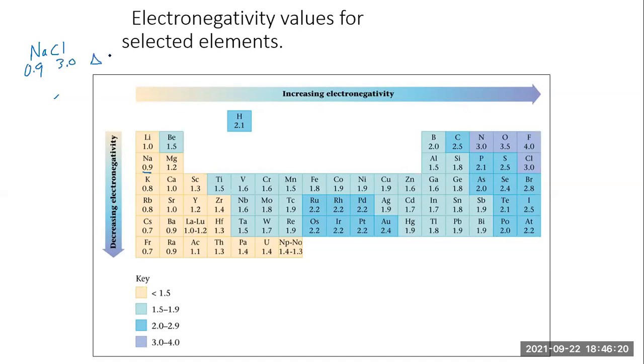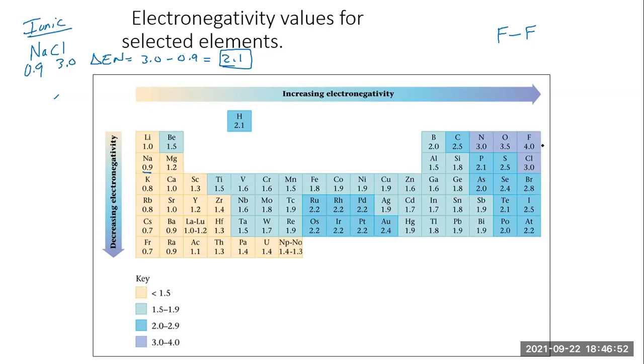So when we do the difference in electronegativity values, that is 3 minus 0.9, a difference of 2.1. Remember that when you have a difference of above 2, typically speaking, that means this bond is ionic. Again, you really don't need these numbers because if you see it as a metal and a non-metal, you know it's ionic.